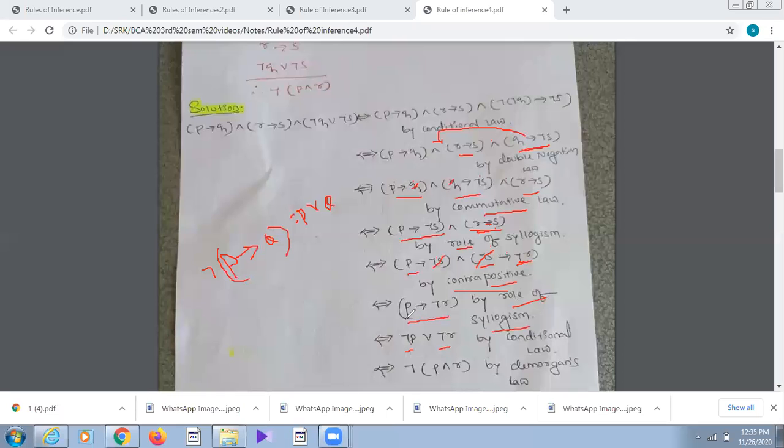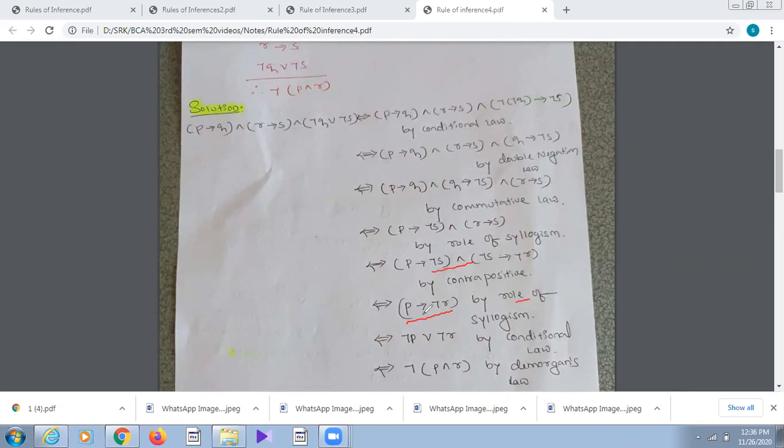Wait a second, here this step I want to solve. See here p conditional negation r is there, so this term is there, p conditional q. Already we solved this term by using rule of syllogism, we got this term.